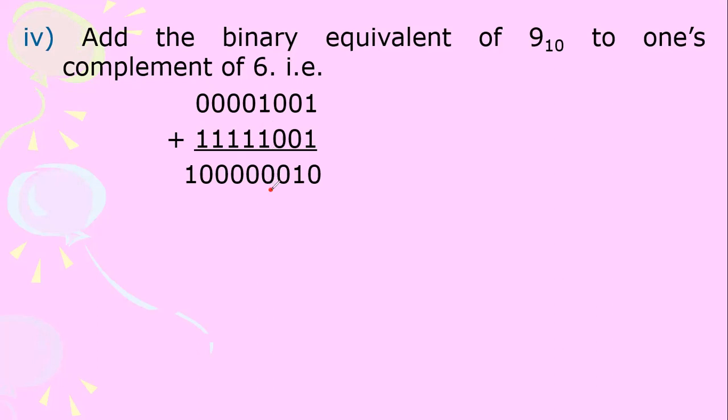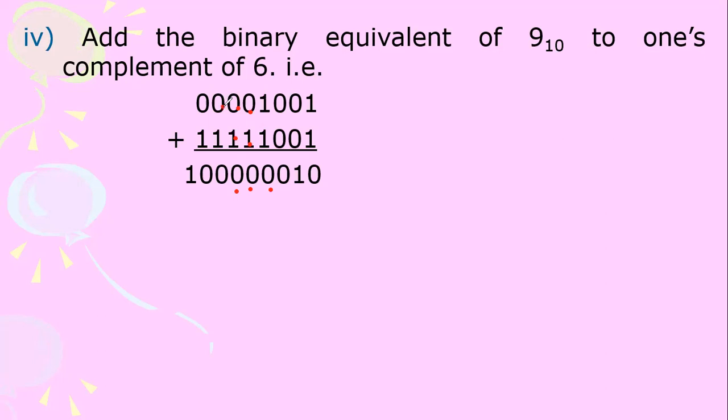So we write down our 0. We carry 1. 1 plus 0 is 1. 1 plus 1 is 0, carry 1. 1 plus 0 is 1. 1 plus 1 is 0, carry 1.